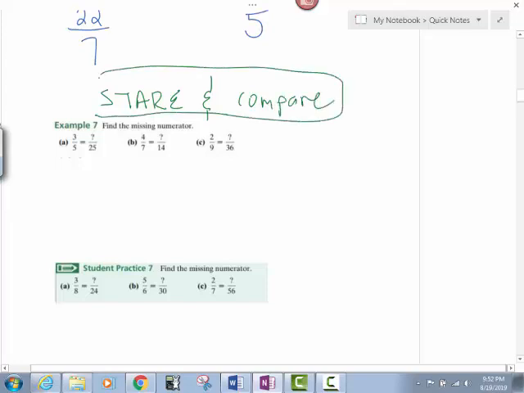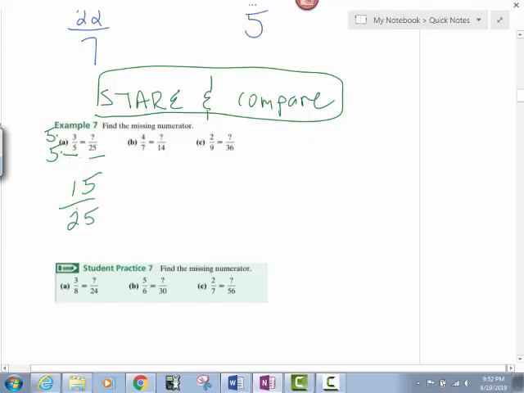I'm going to look at this denominator here, and this denominator here. Now I'm going to ask myself, what did I multiply 5 by to get 25? Well, I had to multiply that bottom number by 5. If I multiply the bottom one by 5, I got to do the same thing to the top. So 5 times 3, that'll leave me with 15 over 25.